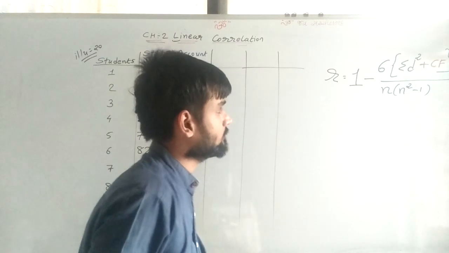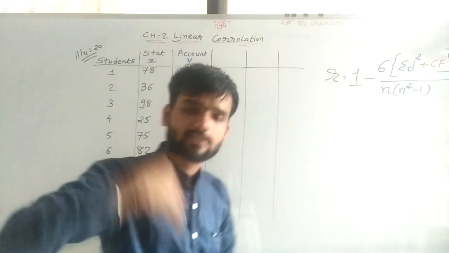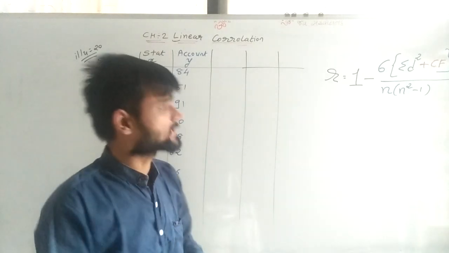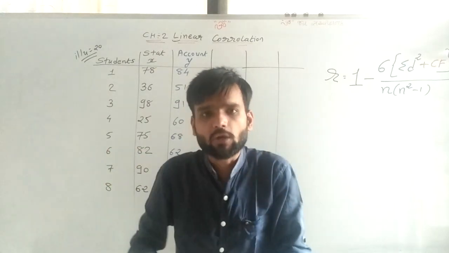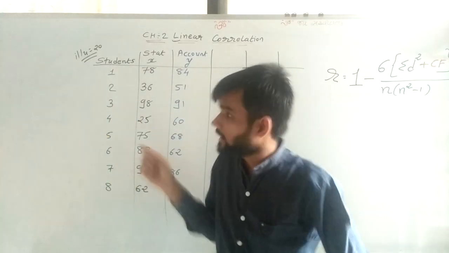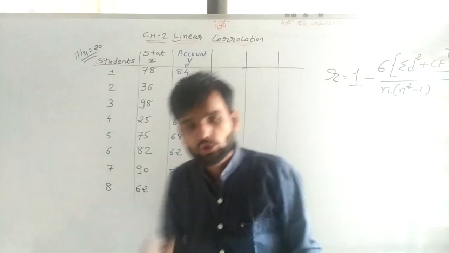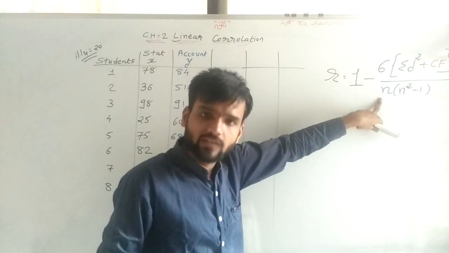Now, what is the meaning of CF? That we will discuss later. But what are we discussing first? Sir, n means, as all of you know, the number of observations. Here the number of students is given, so 8 students are given. So n is equal to 8, and we know the value of n.